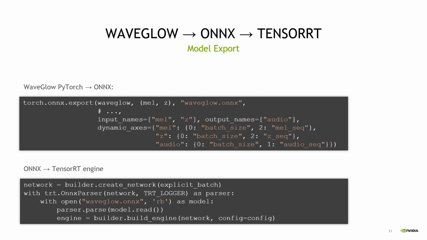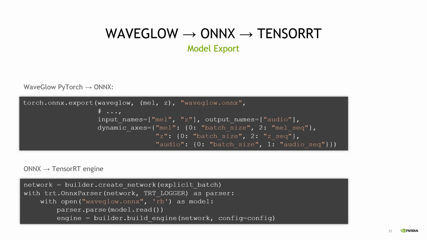And we also specify which dimensions of the inputs and the outputs are dynamic. So here we would like to have a variable batch size, as well as variable input and output lengths, because the number of MEL spectrograms that are produced by the Tacotron varies from inference to inference.